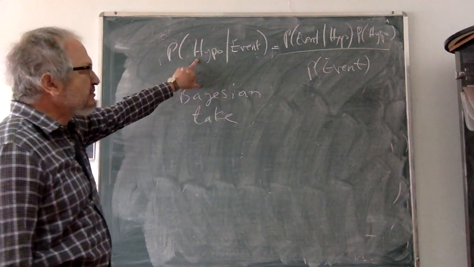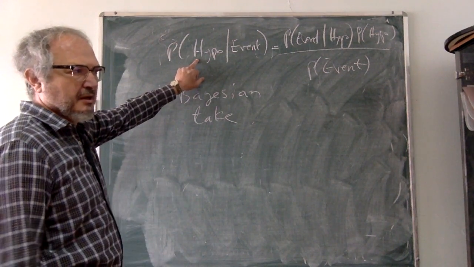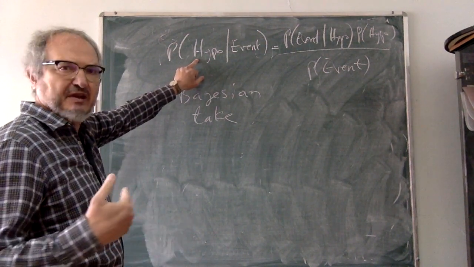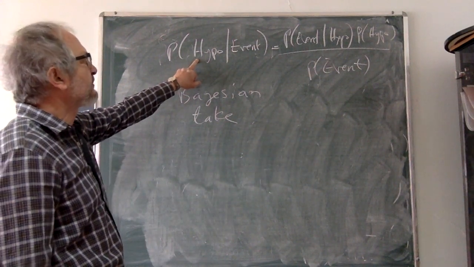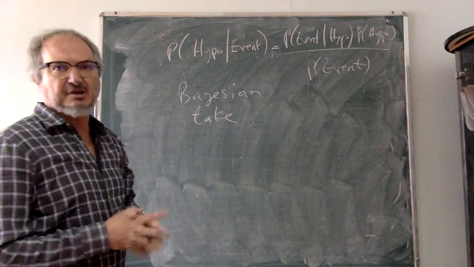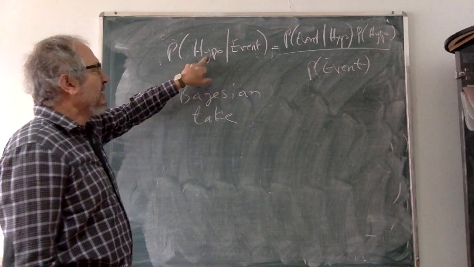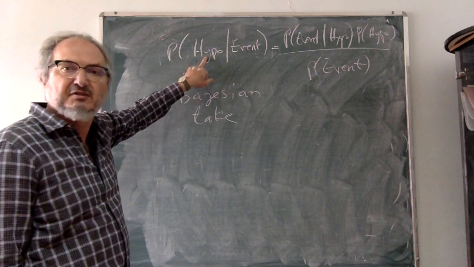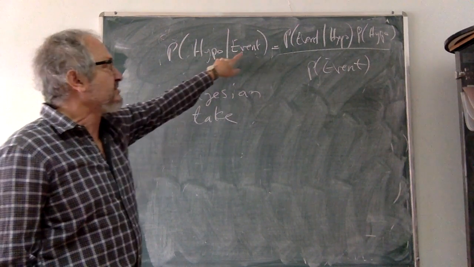So what are hypotheses? The hypotheses are things like, okay, I measure something, I think this measurement is favoring sort of this model. Okay. And I make another measurement, I have another event. Given this event, how can I revise my model or hypothesis under the presence of this event?